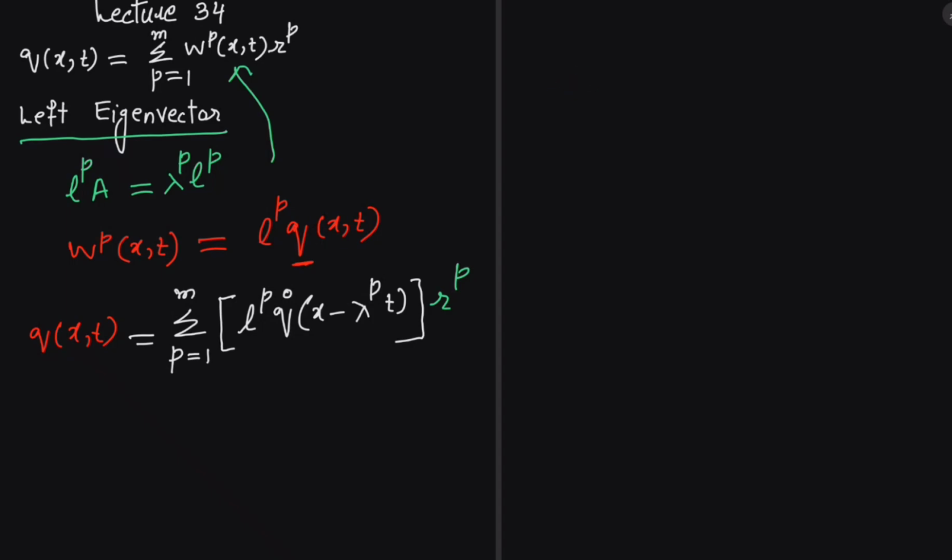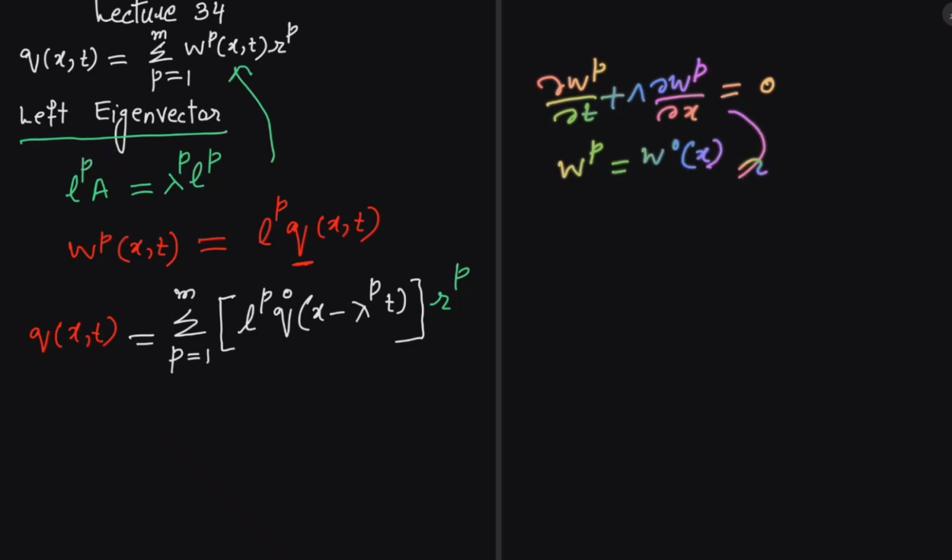Let me just emphasize it again. We have ∂w_p/∂t + λ_p ∂w_p/∂x = 0, and then we have some initial value w_0(x).